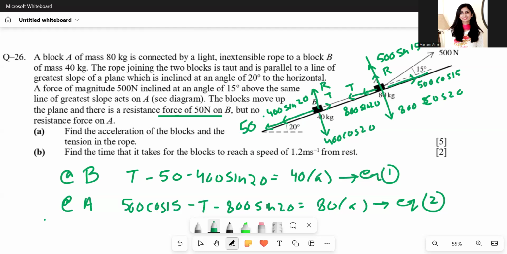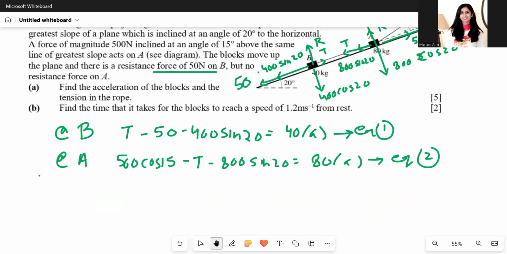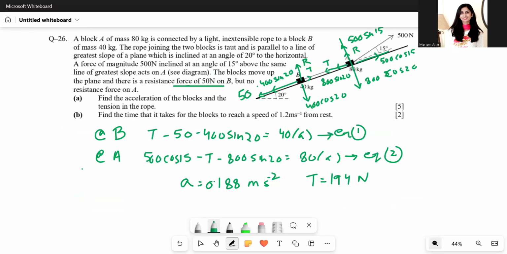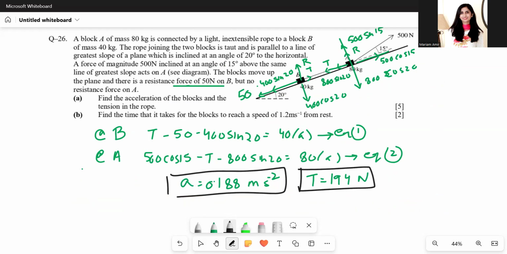Okay. This will give us A equals 0.188 meters per second squared and T equals 194 newtons. You'll solve these on your own and get the value of T.